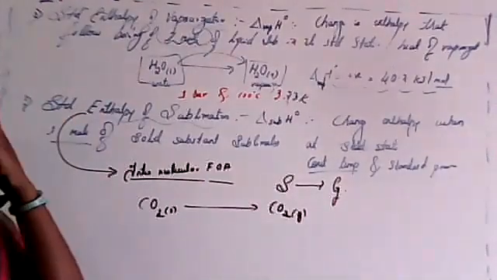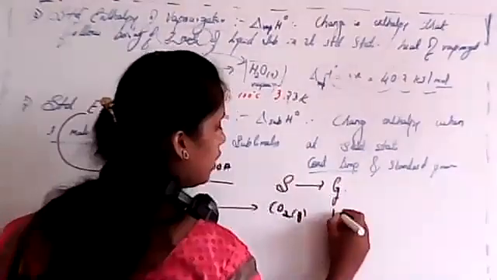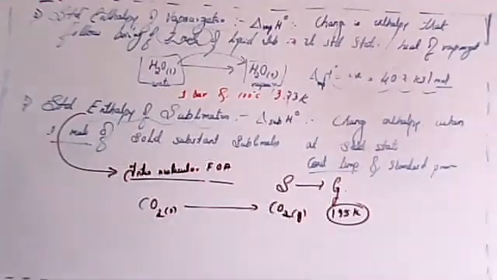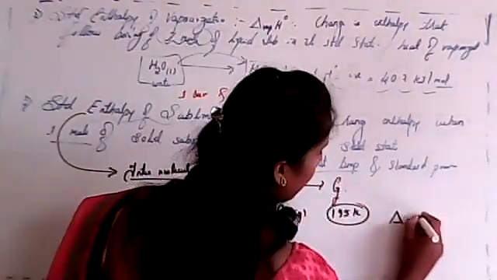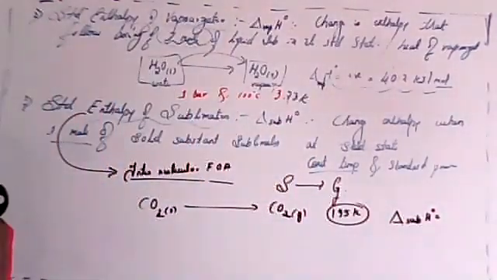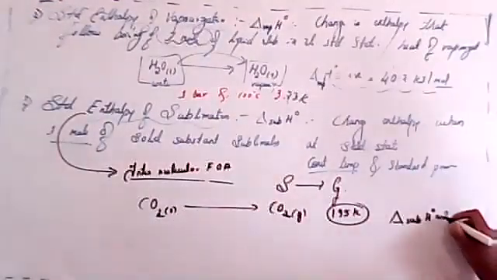Carbon dioxide sublimates at around 195 Kelvin. So here it is 195 Kelvin, and the ΔH sublimation value is around 25.2 kilojoule per mole.